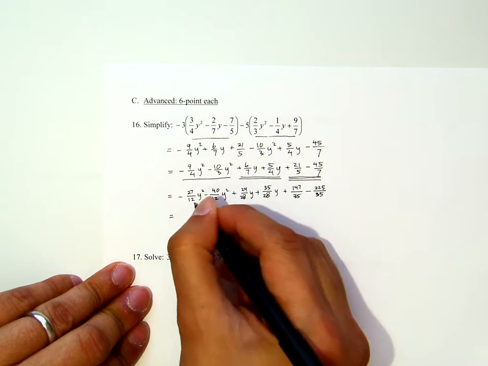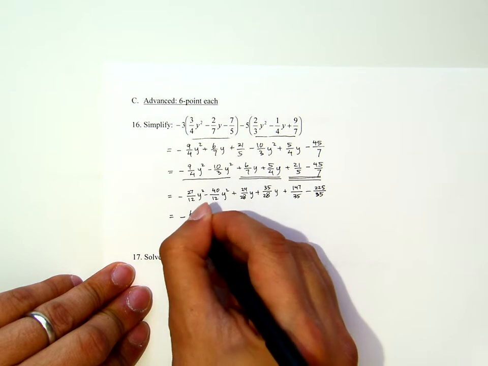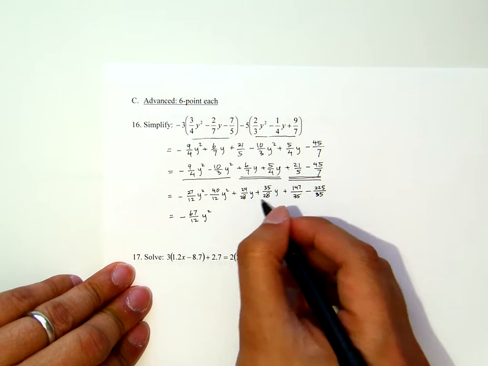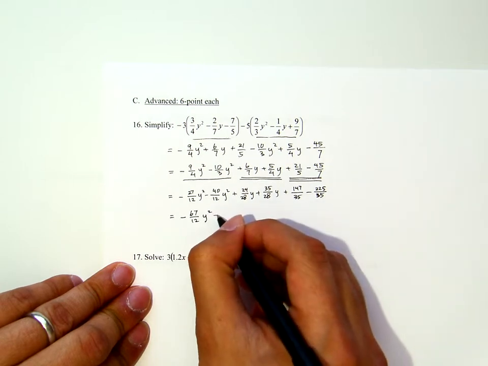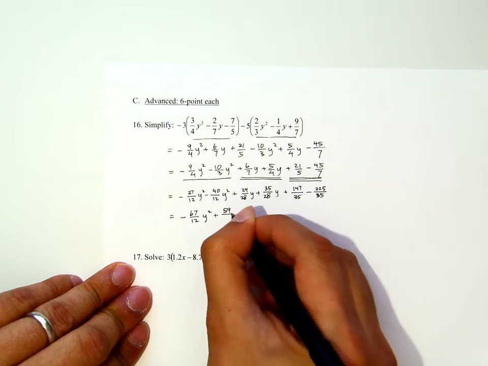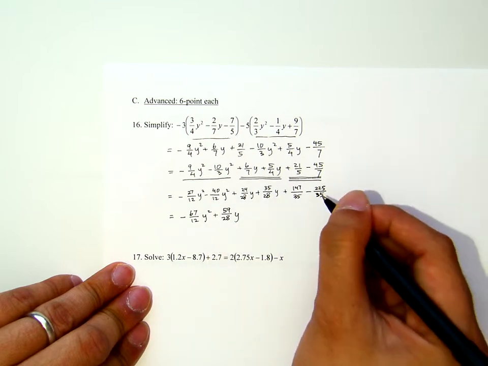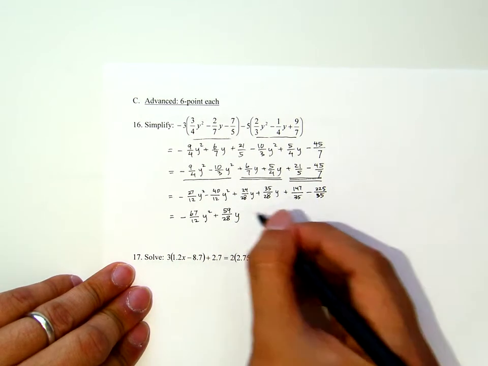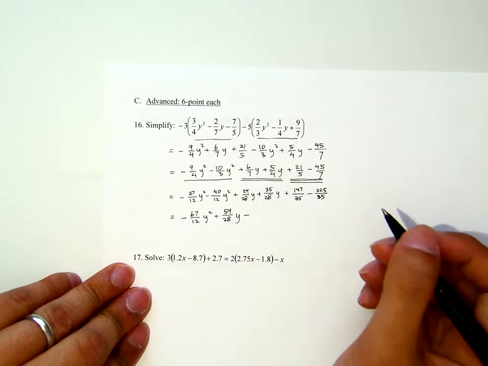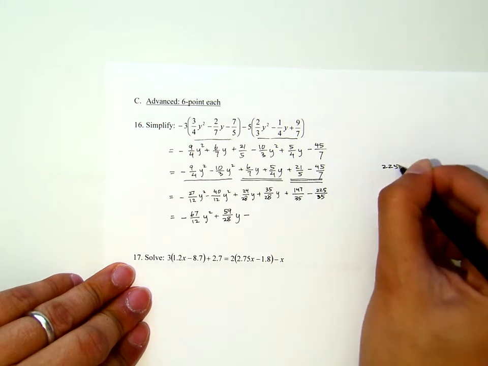The same sign, so I follow the sign, I add the numbers. Here the same sign, already LCD, so I add the numbers also. And then here, different signs, already have LCD, so what is that? That's a negative, right? When I subtract, what do I get? 225 minus 147.